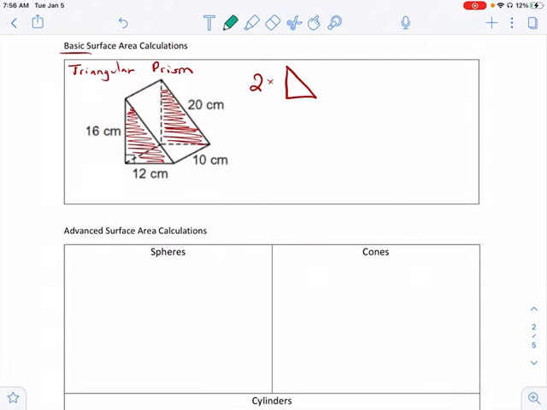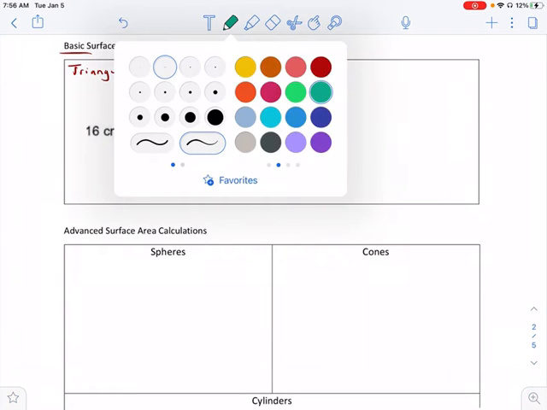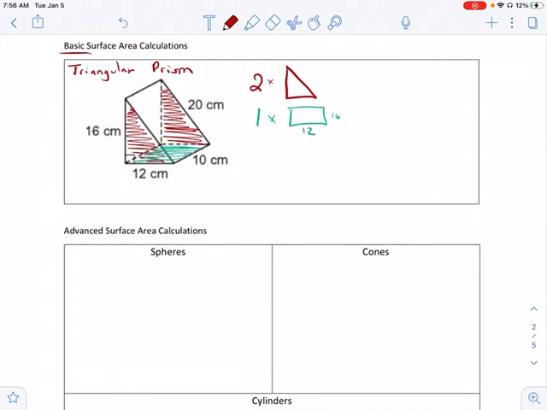I also have this rectangle on the bottom, so I'm going to need to figure out the area of that. That's 12 by 10. I can go ahead and put the measurements on this top one as well. That is a 12 by 16 triangle here.